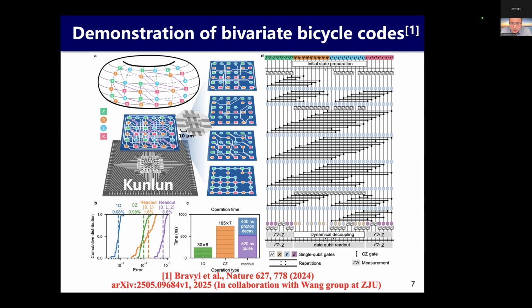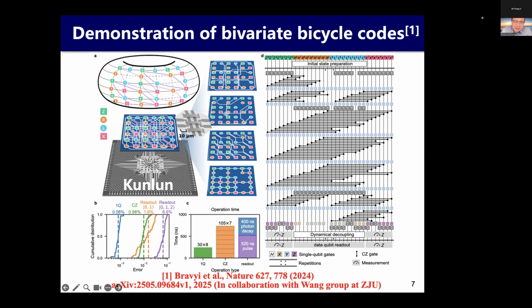So in our experiment, we collaborated with Wang's group at Zhejiang University. We fabricated another new chip. We call it the Kunlun chip. For this Kunlun chip, we achieved 36 physical qubits, and we also achieved a kind of torus geometry.